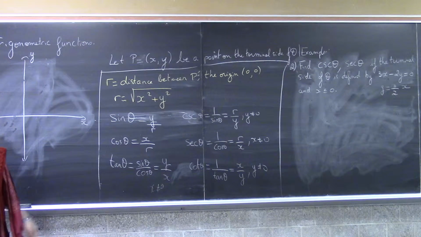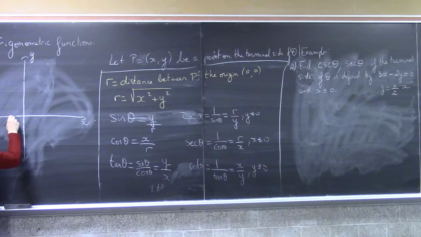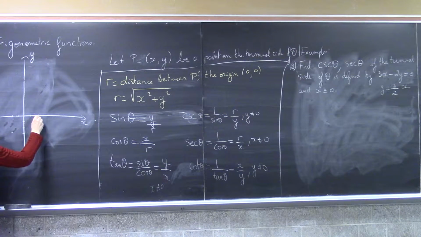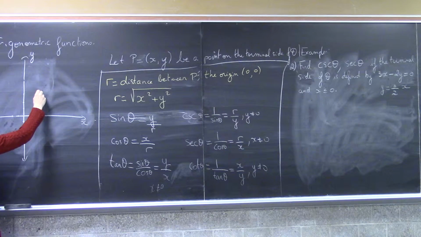So we go through the origin. The slope is 3/2, so remember it's rise over run. You go up 3 over 2, up 3 over 2, so that would be something like this.